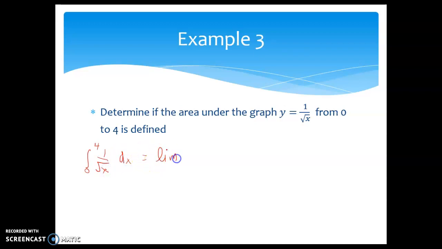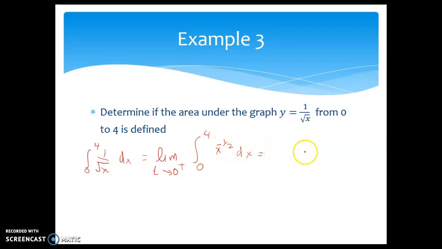So we're going to take the limit as t goes to 0 from the right. So here the integral from 0 to 4 of x raised to the power of negative 1/2 dx. So then we add 1 here, and then we divide by the result.